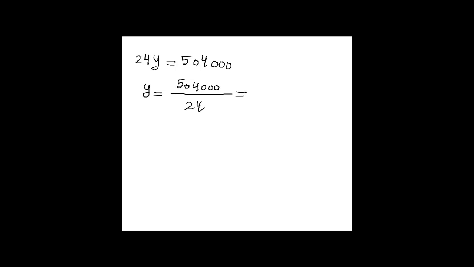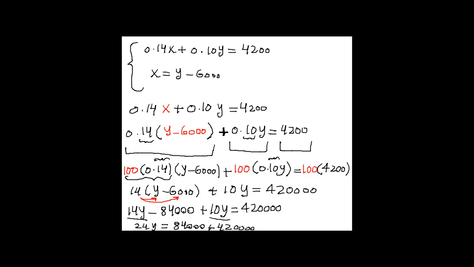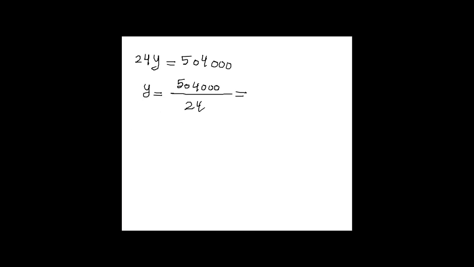Okay, there was a miscalculation here. So when we add these two numbers, we have 420,000 adding to 84,000. You would get 504,000 divided by 24.